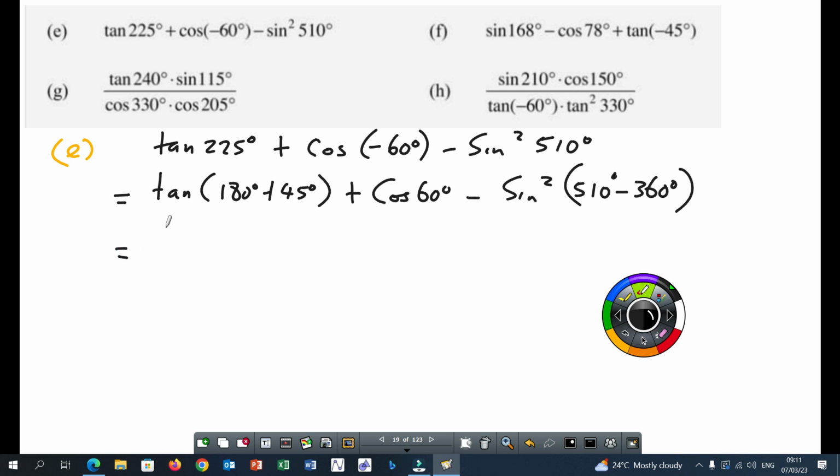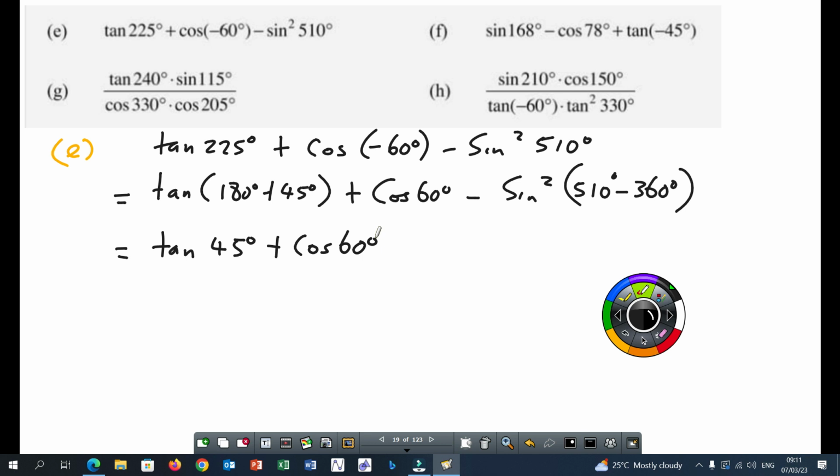So this will give me positive tan 45 plus cos 60. The cosine of a negative angle is equal to the cosine of the positive of that angle.